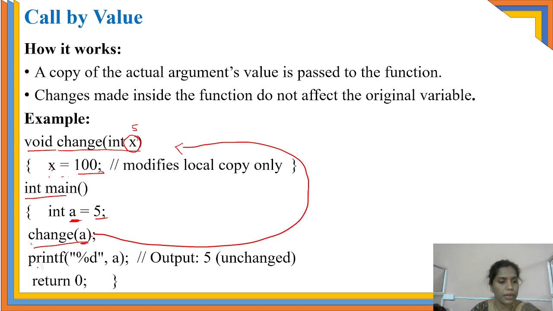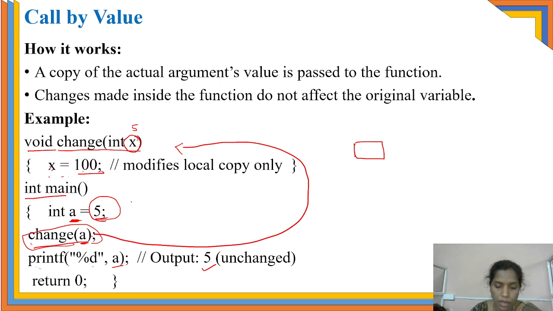So we need to print the answer here. printf %d a. The actual value was 5. By calling the change function, the value was trying to change to 100, but it will not be changed. The output will be 5 only, because this is called call by value.